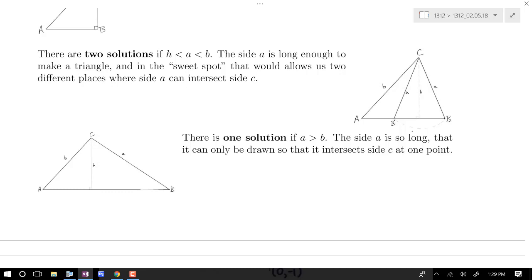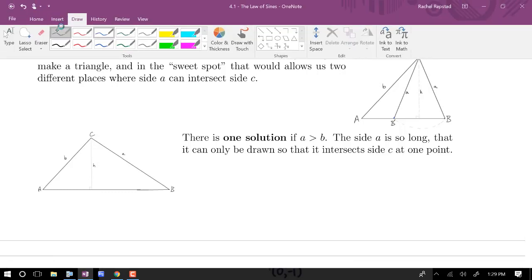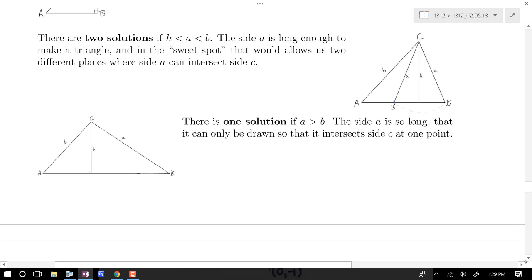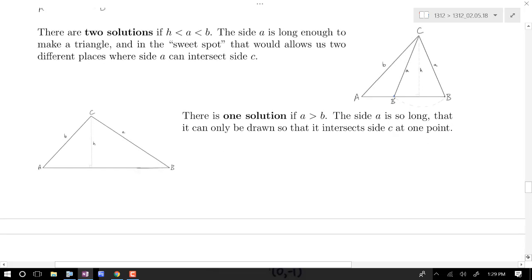That's the ambiguous case, where we have two triangles to solve. And we're going to do some examples that'll help us get a little practice trying to determine which of these cases we're in.